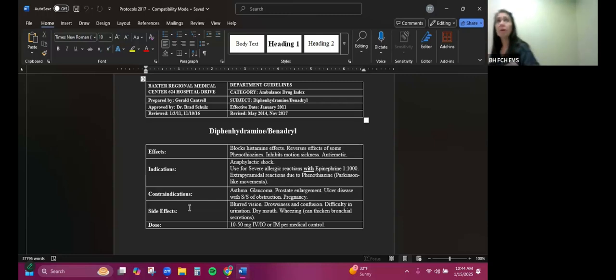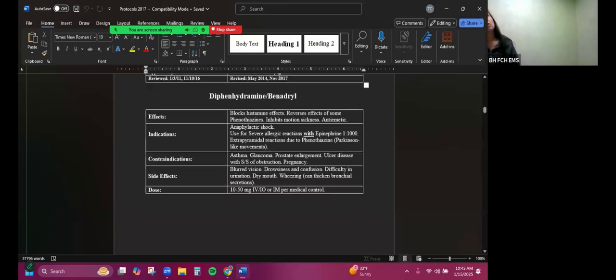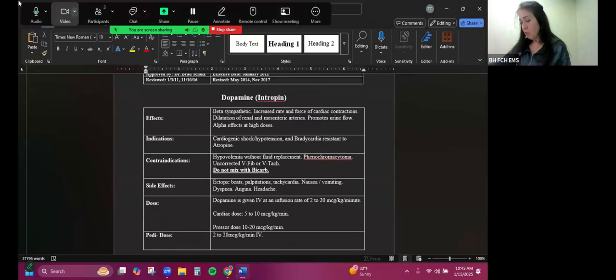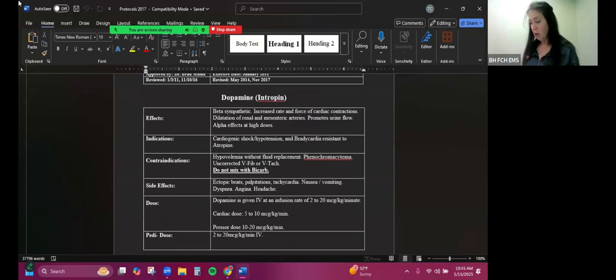Okay, and dopamine's our next one. We got dopamine, which we're familiar with. It's a beta sympathetic. It increases rate and force of the cardiac contractions, dilation of the renal and mesenteric arteries, promotes urine flow.